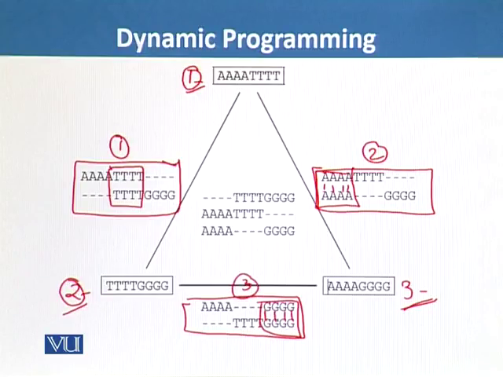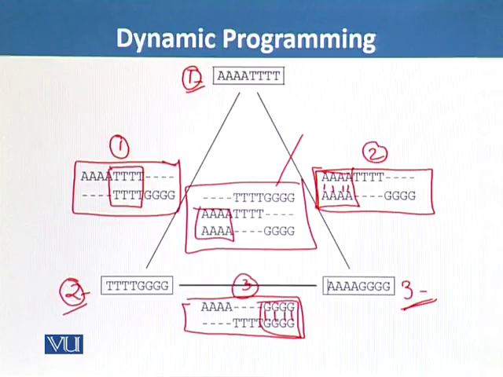If we compare all these 3 pairwise alignments at the same time, we will come up with the multiple sequence alignment, in which we can see that the T's and G's are aligning with each other. So in this case, after generating the pairwise alignments we can get the multiple sequence alignment.